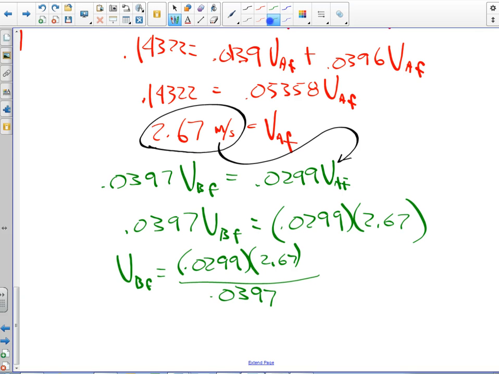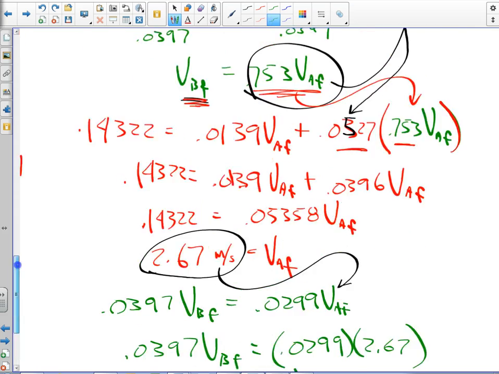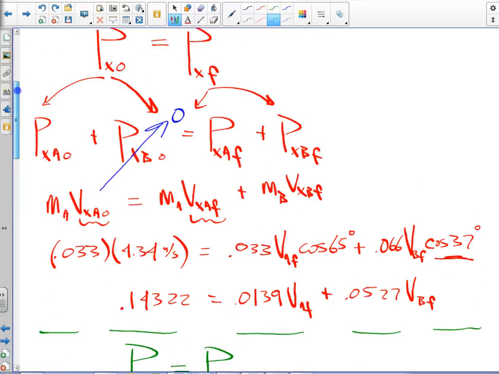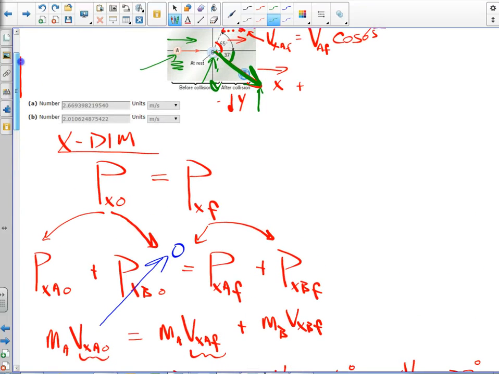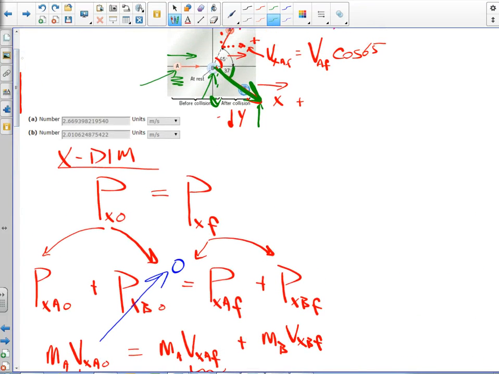Should do the trick. I get 2.01, and then we look up with some trepidation and concern and see, yes, look at that, 2.01. There we go.